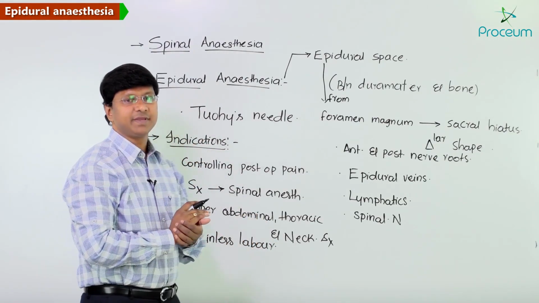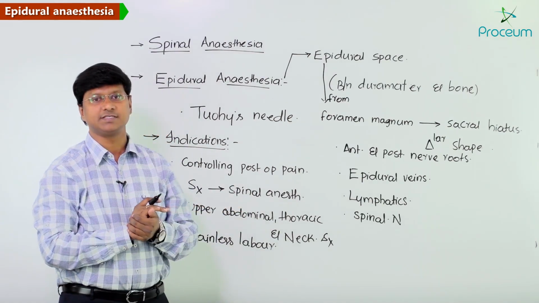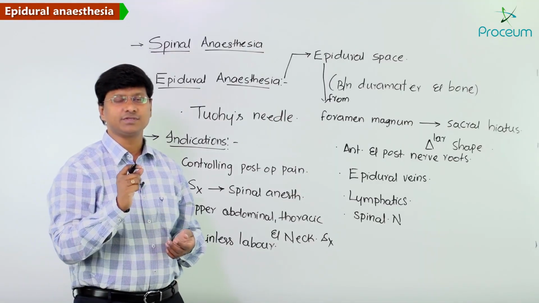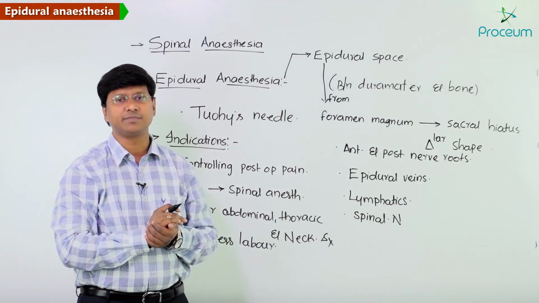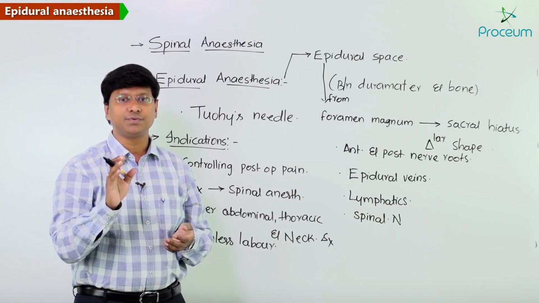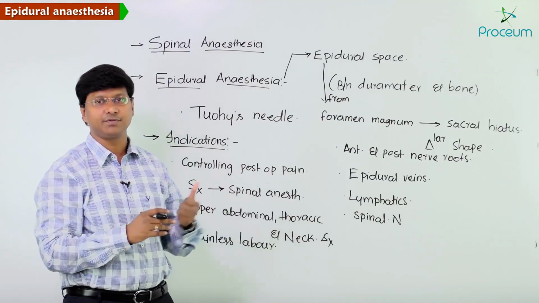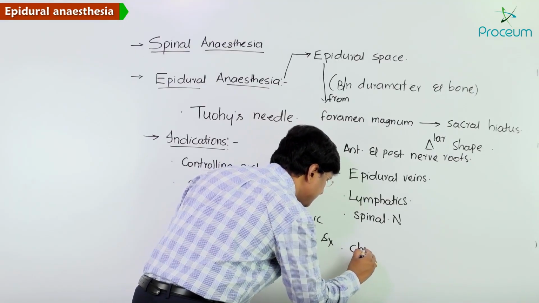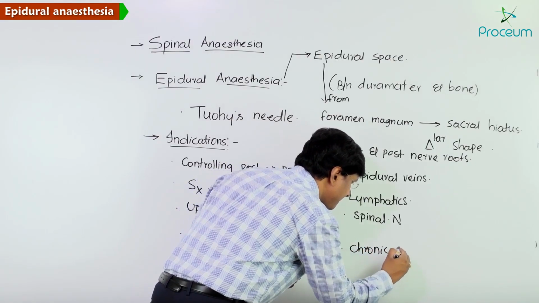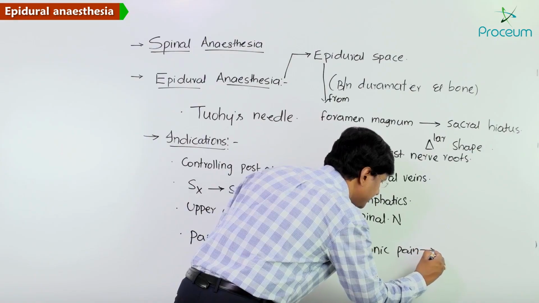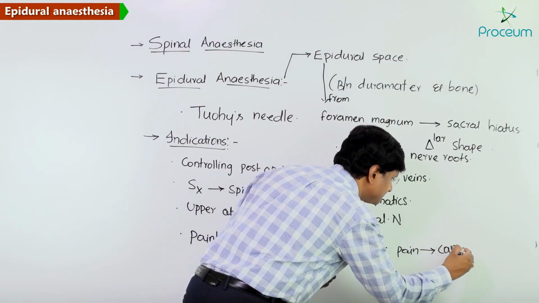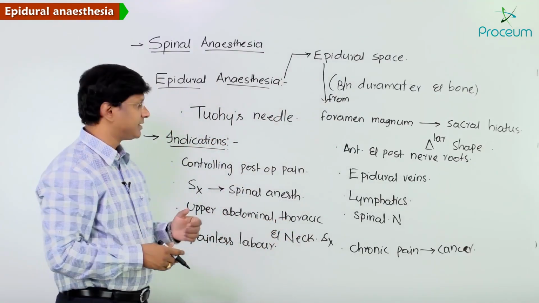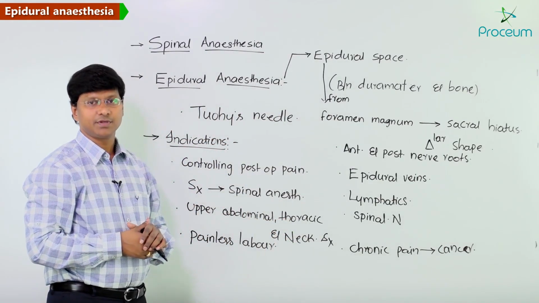Next, in case of malignancy, the individual will be suffering from chronic pain. So chronic pain due to cancer can be relieved by epidural anesthesia. So remember, these are all the indications of epidural anesthesia.